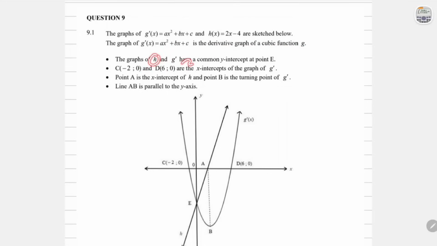The graph of h and g prime have a common y-intercept at point E, then c, -2 and 0, and d, 6 and 0, are x-intercepts of g prime. Then they tell us that point A is the x-intercept of h, and point B is the turning point of g prime. Line AB is parallel to the y-axis.